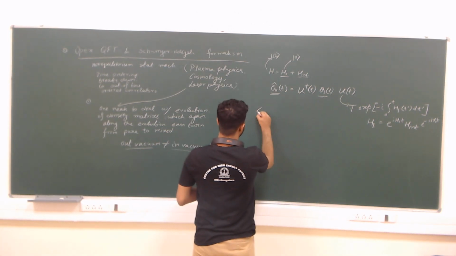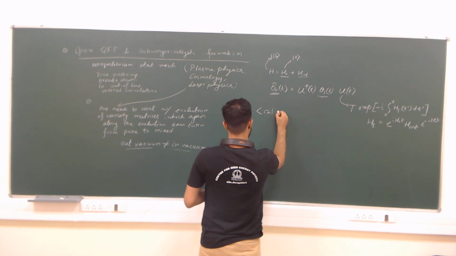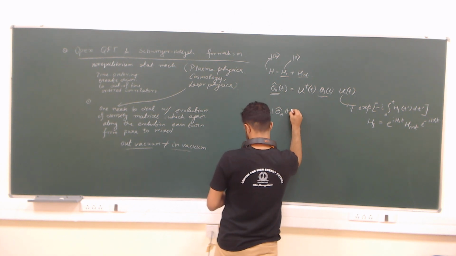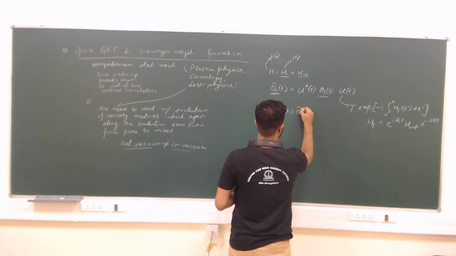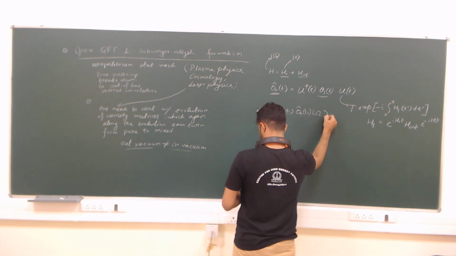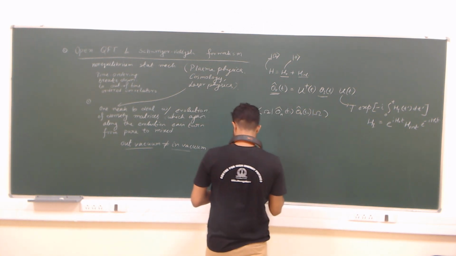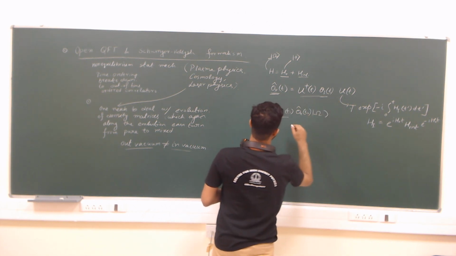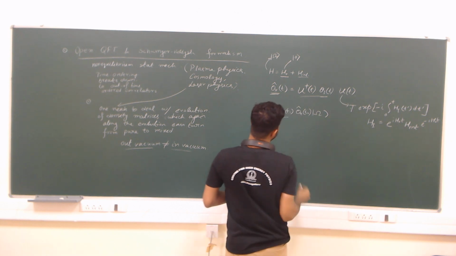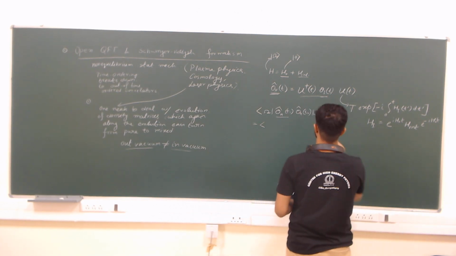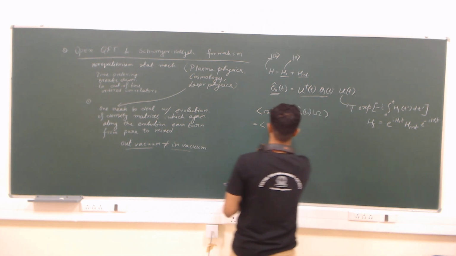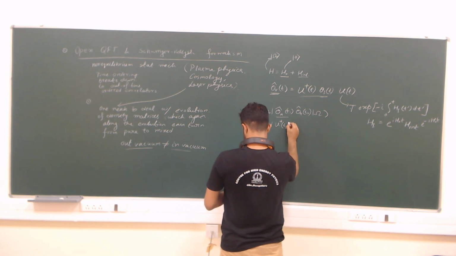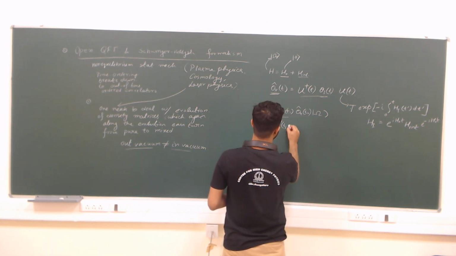If we want to compute the two-point correlation function in the interacting theory vacuum, it turns out that, for example, we use all of these things here with t1 and then t2, and we should also remember U dagger(t1, 0).